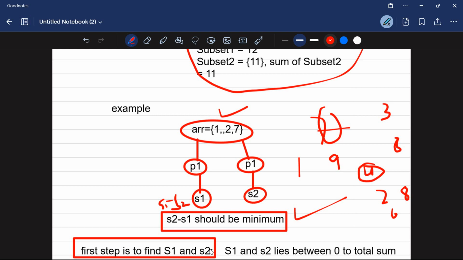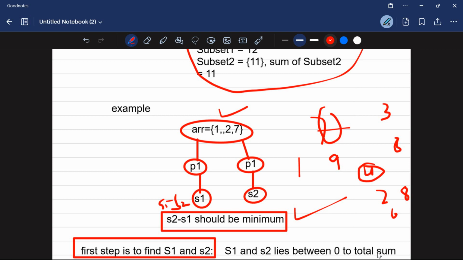Like in the previous question, S1 plus S2 is equal to the total sum. So we can say that the range of S1 and S2 lies from 0 to the total sum.